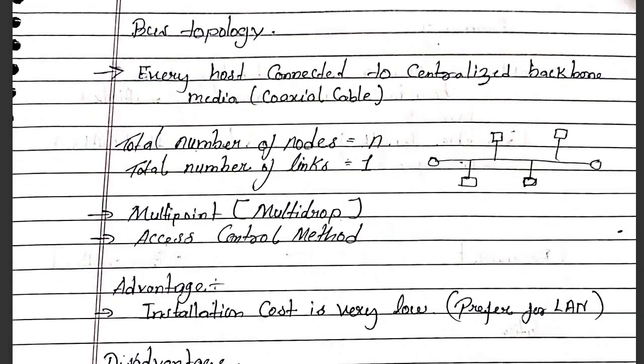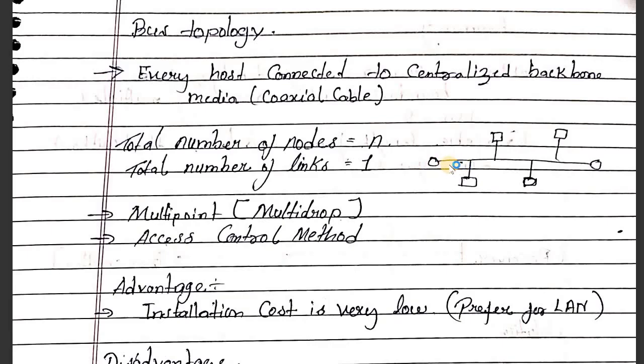The third one is bus topology. In bus topology, there is a central backbone medium, which means a centralized cable, and from that multiple nodes are connected. If there are n nodes, there is only one link, one coaxial cable.